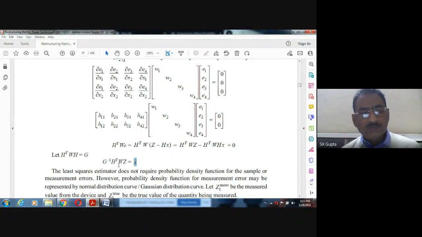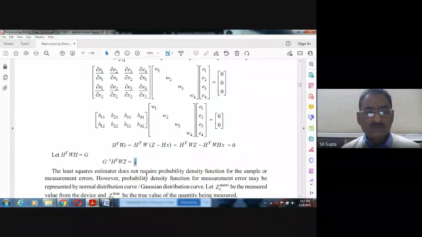With the help of this, we find x1 and x2, which minimize the error in the system states. This was the formula we derived in the last class.